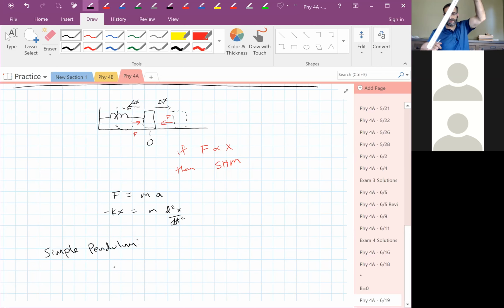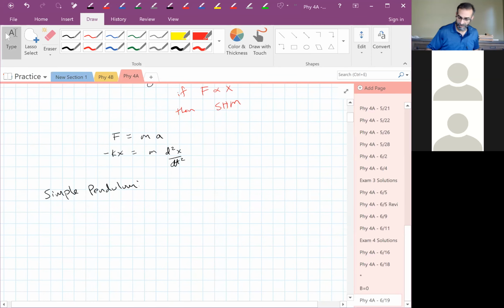This would be a physical pendulum, right? The mass is uniformly distributed up and down the length here. It's not all at the end. So you have to take that into account. It's a little more complicated, not impossible, but we don't have time to deal with that. So we'll just deal with simple pendulum.